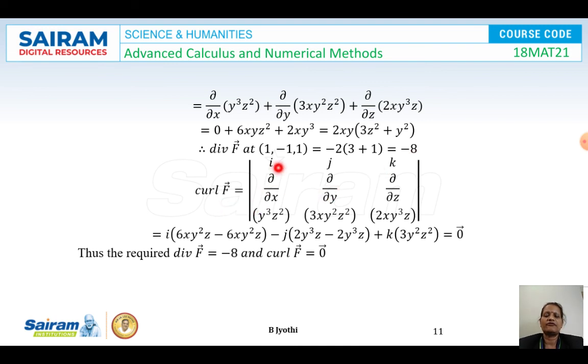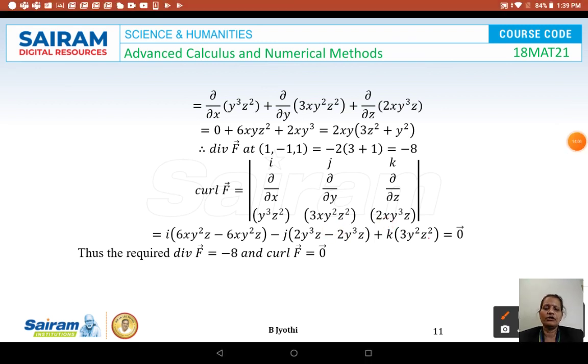Hence next is the curl f. For curl f, we will consider the determinant formula where the first row is i, j, k, the second row is dou by dou x, dou by dou y and dou by dou z, and the third row is the components of f. Now on simplification of the determinant, we get i times (6xy²z − 6xy²z), same terms, minus j times (2y³z − 2y³z), plus k times (3y²z² − 3y²z²).